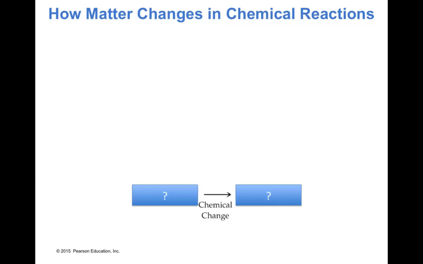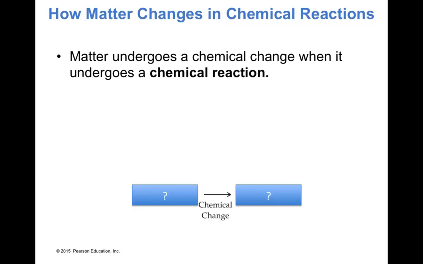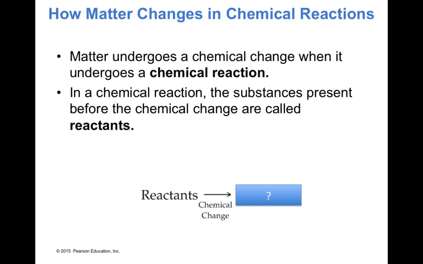How does matter change in a chemical reaction? Matter undergoes a chemical change when it undergoes a chemical reaction. In a chemical reaction, the substances present before the chemical change are called reactants. Most of the time, we're going to see this arrow, and this arrow helps us to see which one is the reactant.